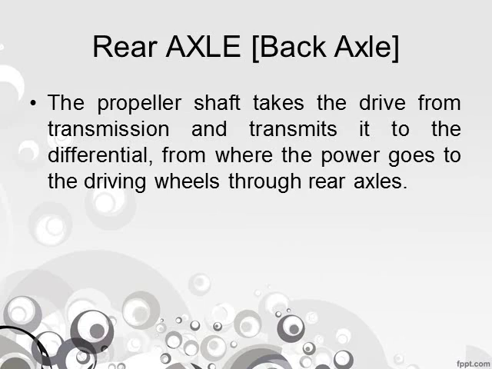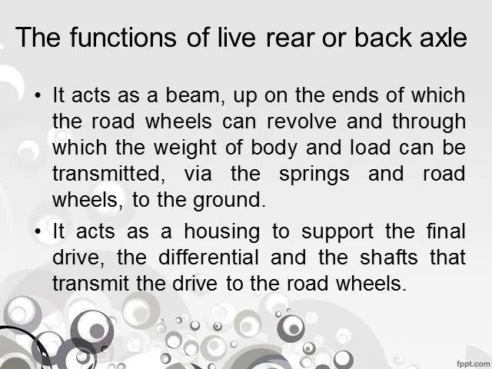The engine and transmission are rigidly attached to the frame of the vehicle, while the live or back axle acts as a beam, upon the ends of which the road wheels can revolve and through which the weight of the body and load can be transmitted via the springs and the road wheels to the ground.